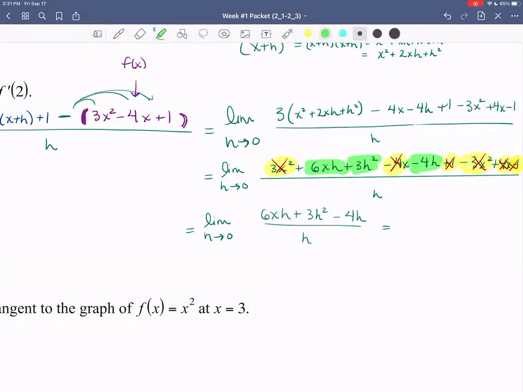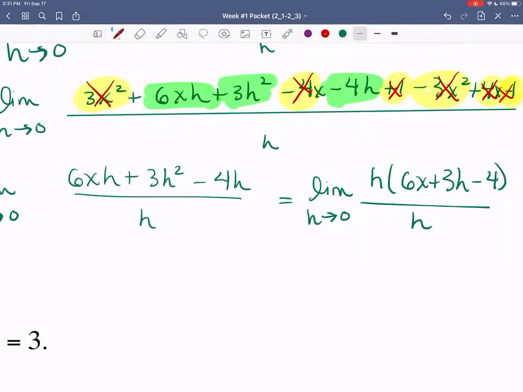Now what do we notice about the numerator? There's an h in each term. So what we can do is factor that h out of each term. I can write h on the outside times 6x plus 3h minus 4 all over h. And now we notice that the h's cancel from the numerator and denominator. So we're left with just the limit as h goes to 0 of 6x plus 3h minus 4.